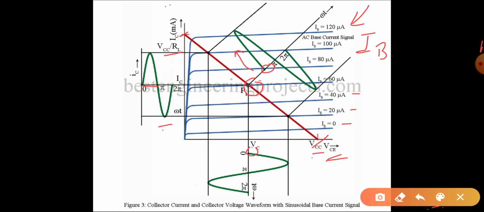So when you increase the IB to its maximum position, your Q point will get shifted along here. So this will be the Q point location for your increased IB. At this point you can see the value of IC is maximum and the value of VCE is also maximum.